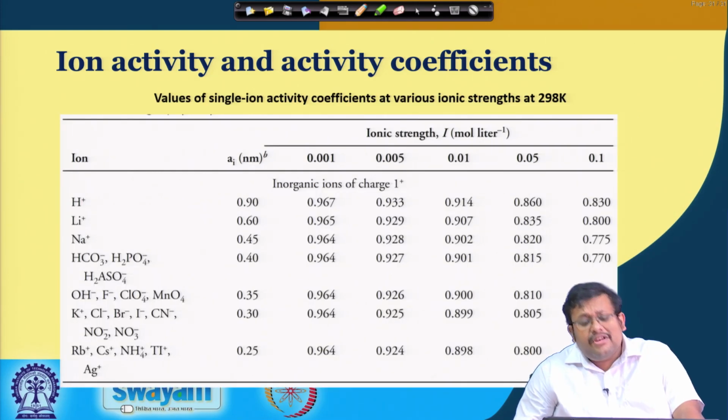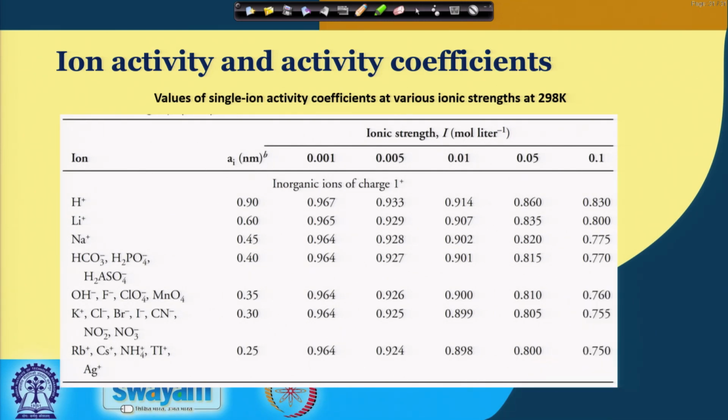So, if we consider the ionic strength for different ions, for example in the case of H plus, we have the values of single ion activity coefficients at various ionic strengths at 298 Kelvin.